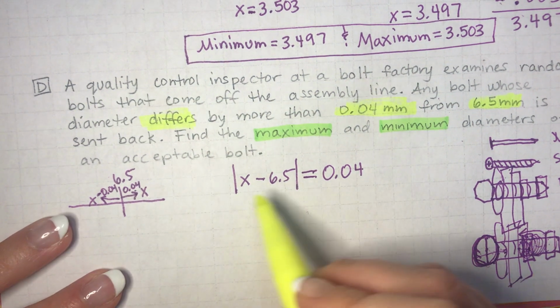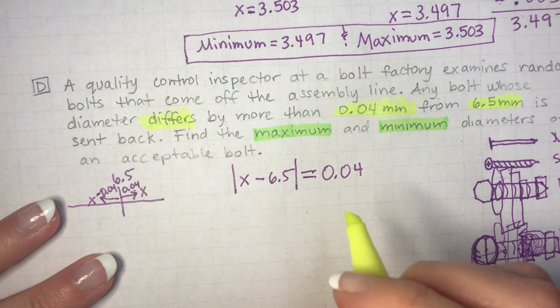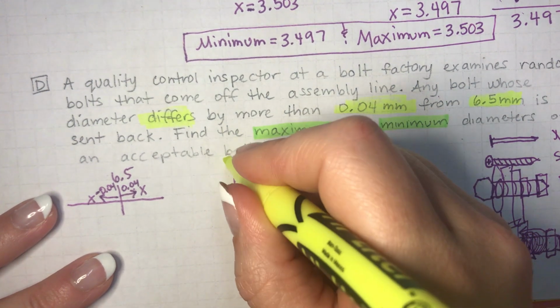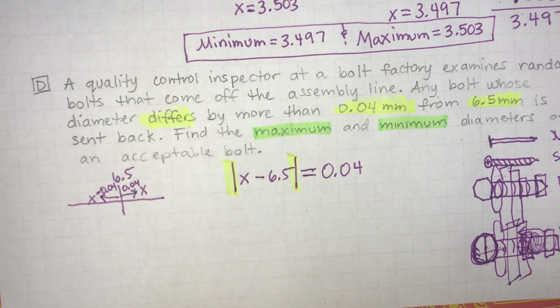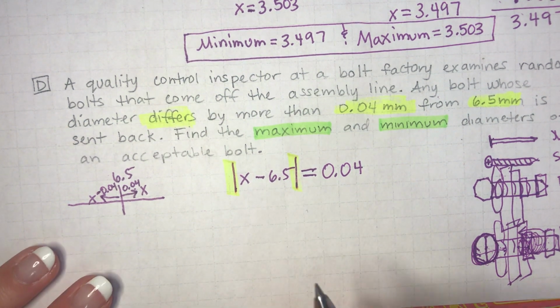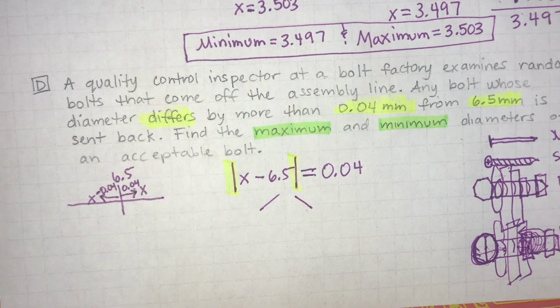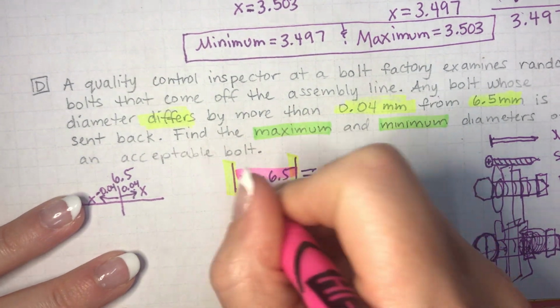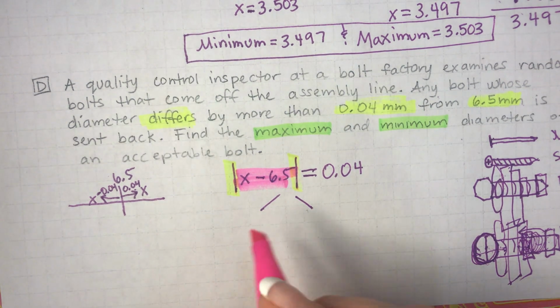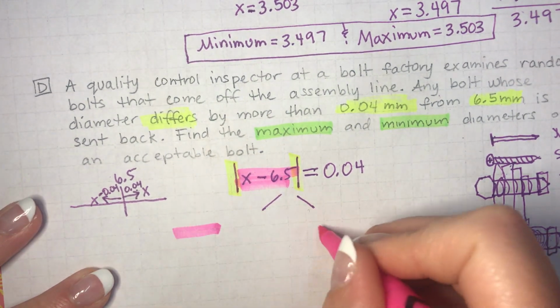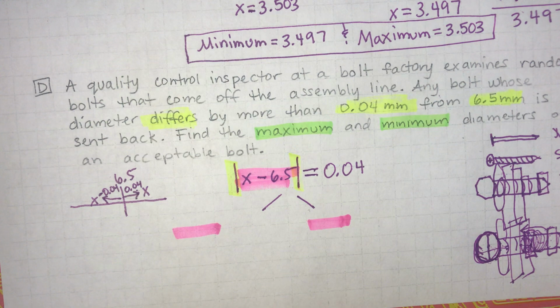Okay, so we're going to solve this absolute value equation by isolating the absolute value symbols, and it's on that side of the equation, right? So this is where we split it into two equations. Remember, we keep whatever's in the middle, that just stays. And then we write it right here and right here, but we drop the absolute value symbols.